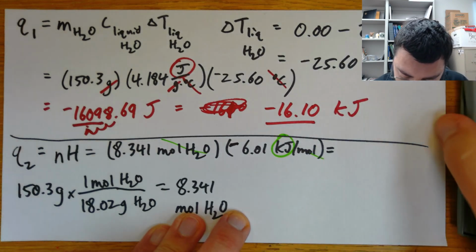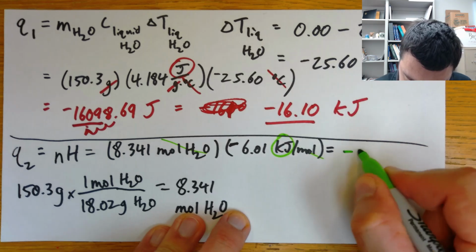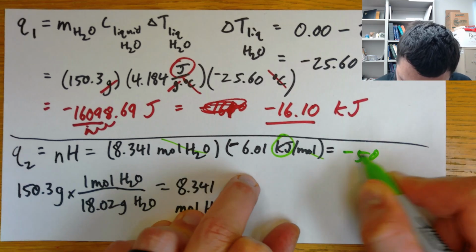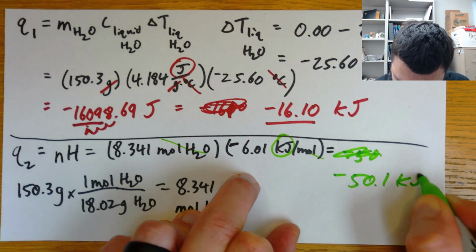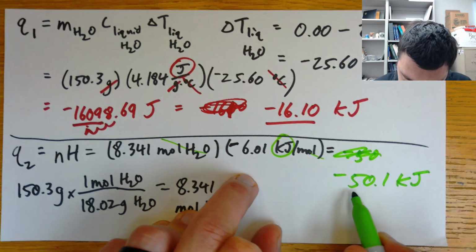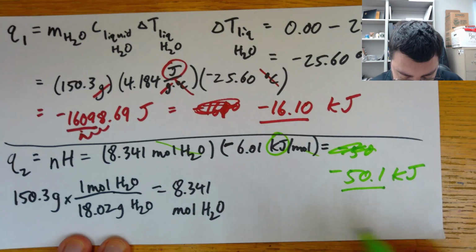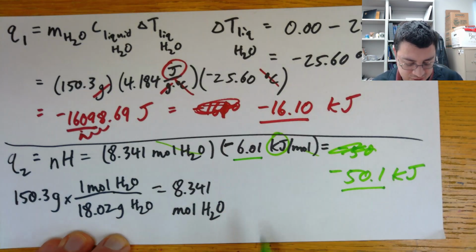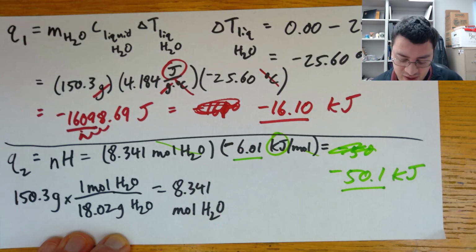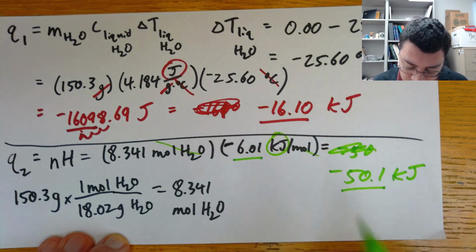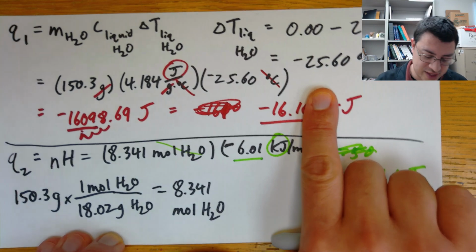Okay, so we get, what do we get? 50.1 negative kilojoules. Okay. And only 3 sig figs there because part 2 of the calculation here, after we got in the moles, we only had 3 sig figs there. So if we were to add these two up, the answer would end in the 10th place, the last digit.